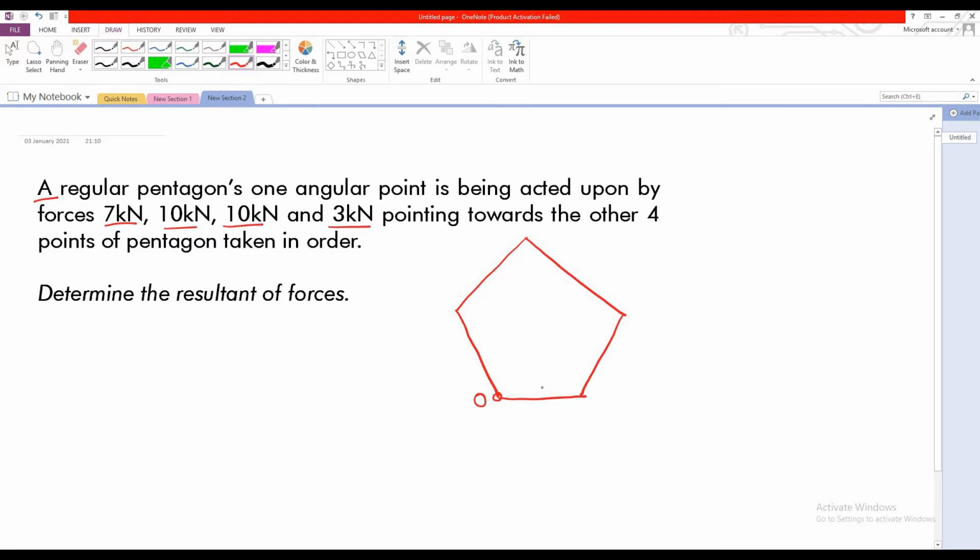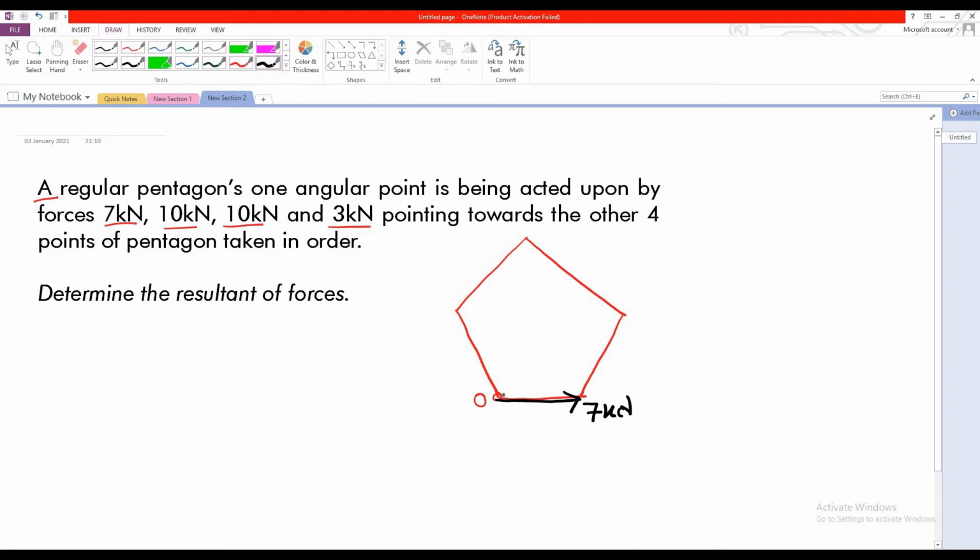And we have to establish these forces on the other 4 points. Therefore, the origin of the forces will be O. They will be emerging out from point O and pointing towards the remaining points. Okay, let's draw these forces. The first force should be 7 kilonewton. Okay, this is the 7 kilonewton force.